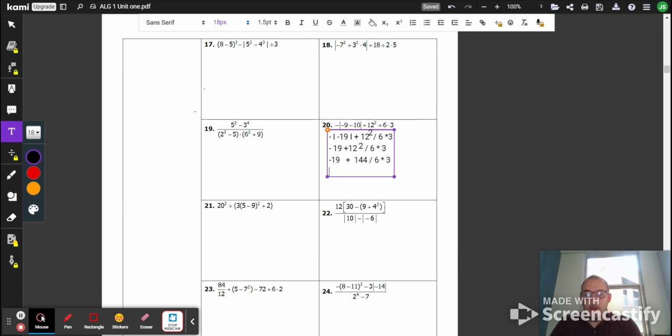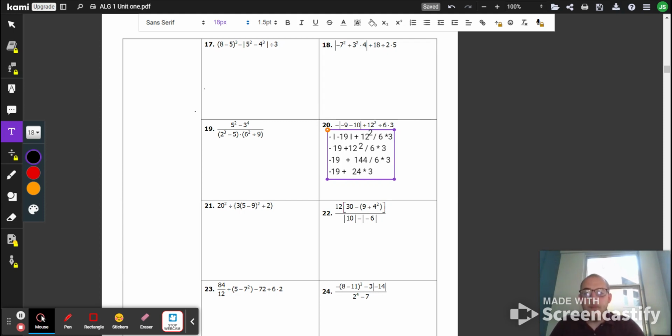And then, like I said, we have no parentheses and no exponents. Do we have any multiplication or division? We do, right here. So we keep everything down, plus, and I'll leave a little space, and that division sign is going to go away. So what is 144 divided by 6? I'll just tell you because I'm a smart guy who just knows everything in the world.